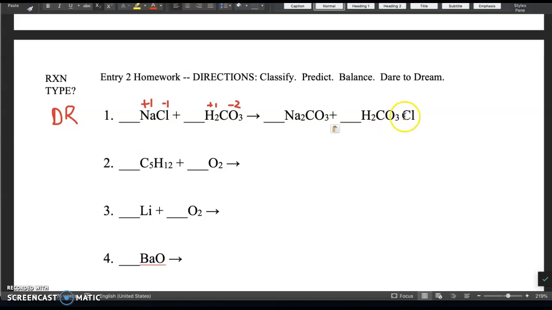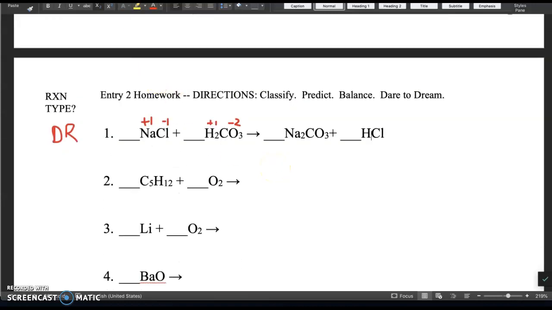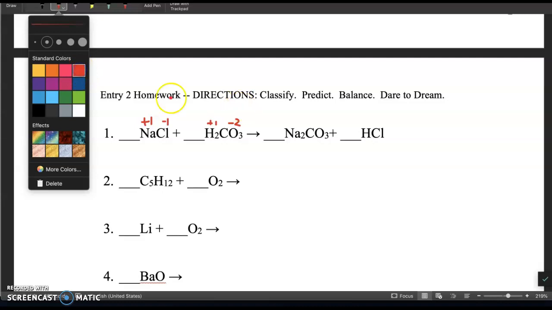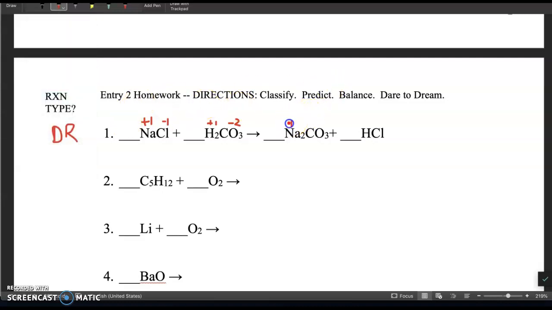Okay, now I already know that that 2 is going over there with the Na, and the reason why is this. Okay, is that when they switch, remember sodium is going to be a +1 here. Okay.